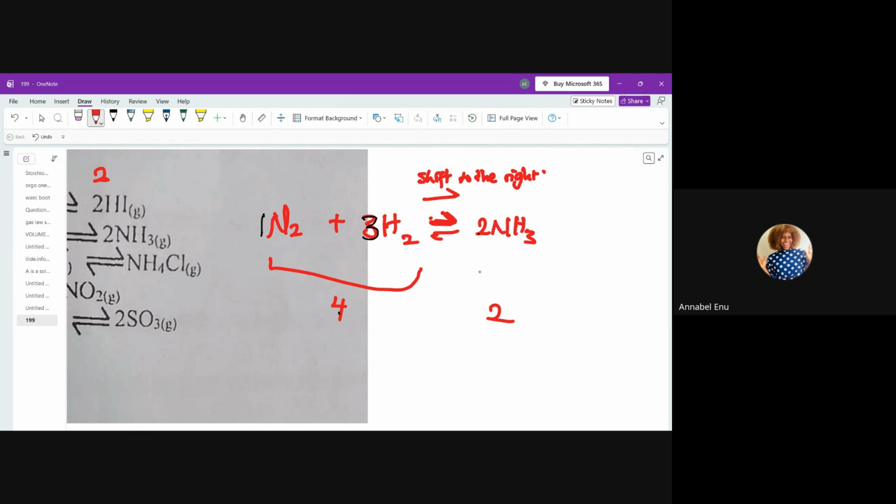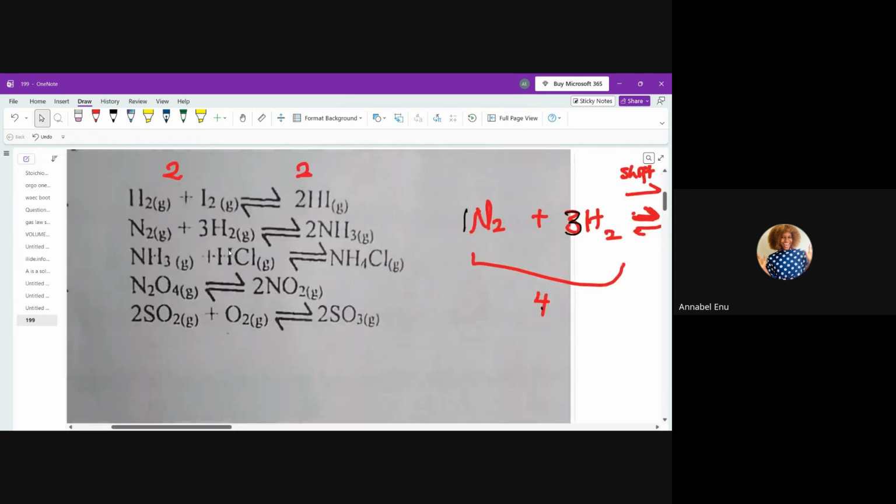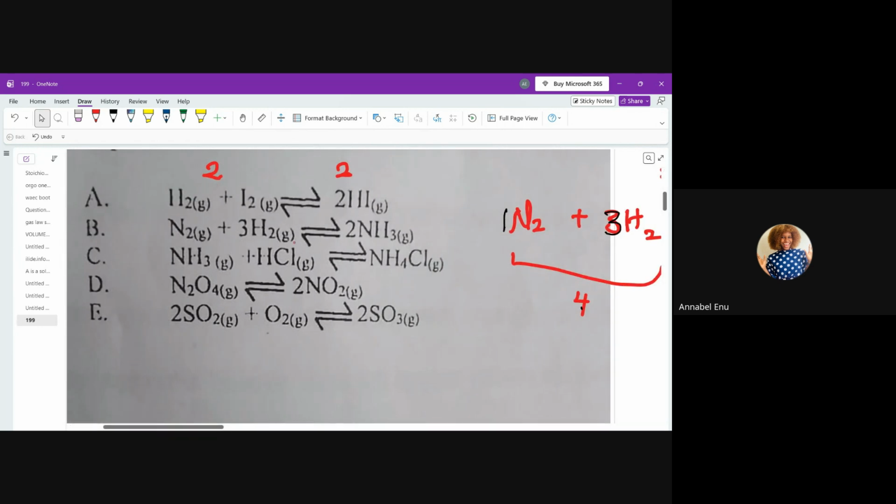The more we add pressure, equilibrium will want to shift to cause a balance. All right, so this will be shifting to the right. That is to say, our option B is affected by pressure, and it is shifting forward.